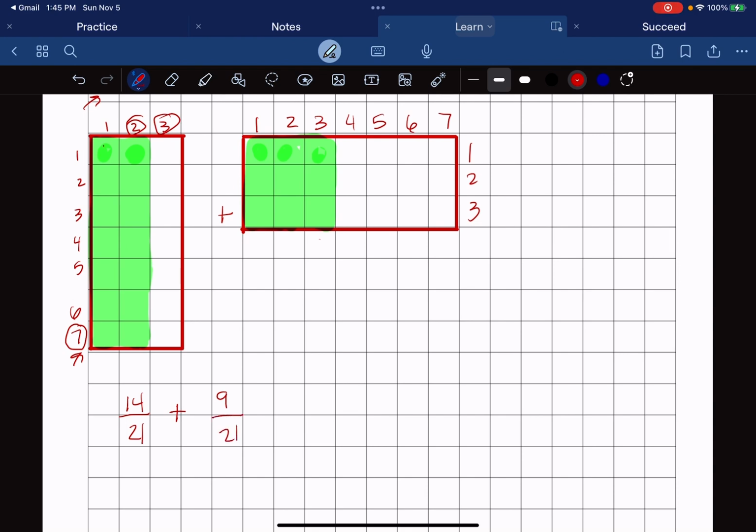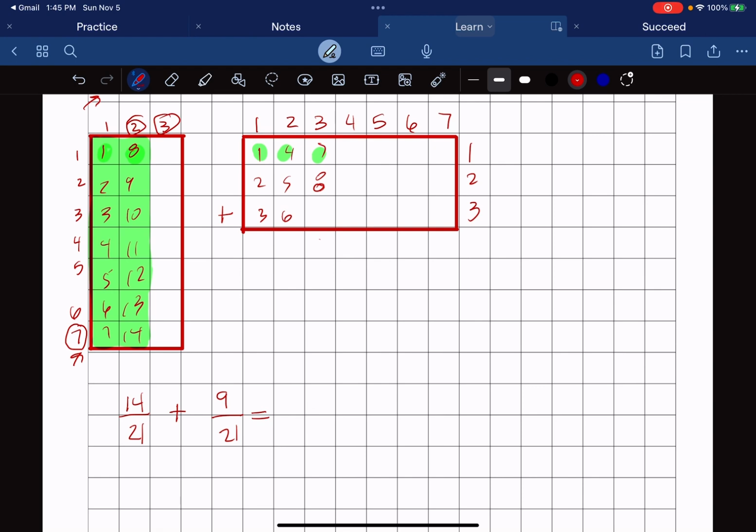So if I count those, I should have 1, 2, 3, 4, 5, 6, 7, 8, 9, 10, 11, 12, 13, and 14. Then I have 1, 2, 3, 4, 5, 6, 7, 8, and 9. Now I'm going to add my 14 and my 9.